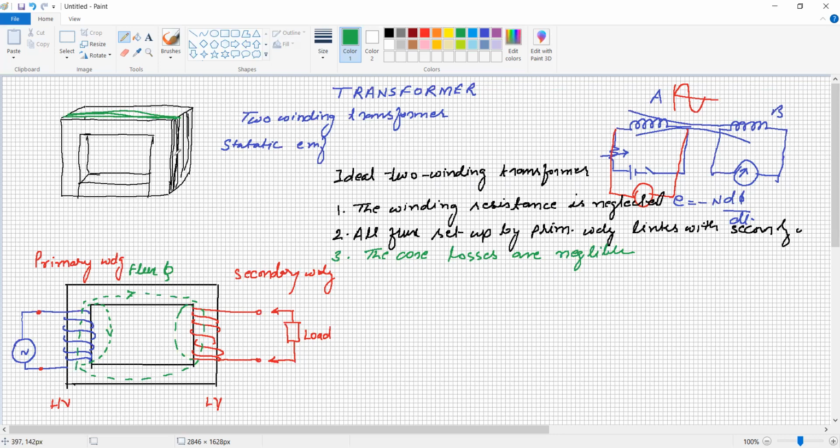No doubt, the core has some losses, the iron losses and eddy current loss. But for our understanding purpose, we are making some assumptions. And the fourth point is that the core has constant permeability.